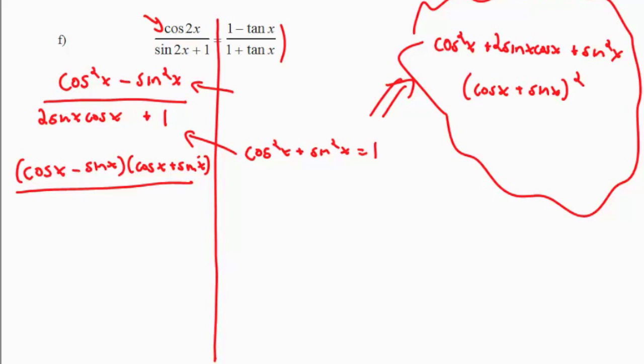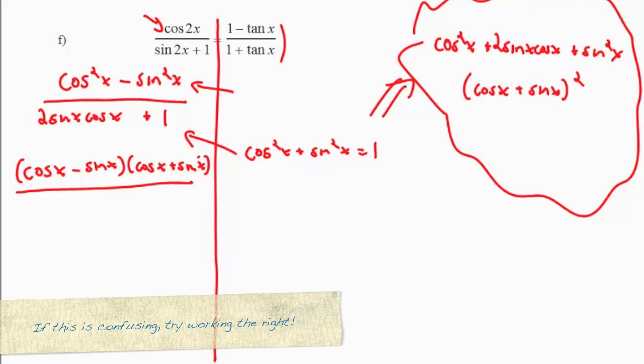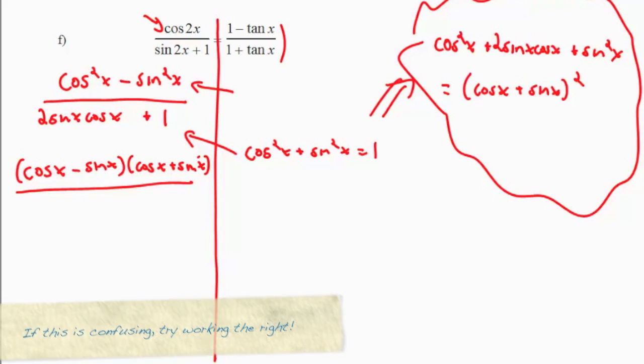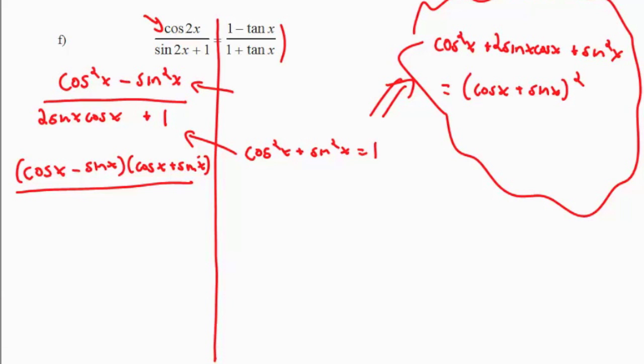Well, like I said, this looks exactly like the product of cos of x plus sine of x squared, which means I can rewrite this now as cos x plus sine x squared.